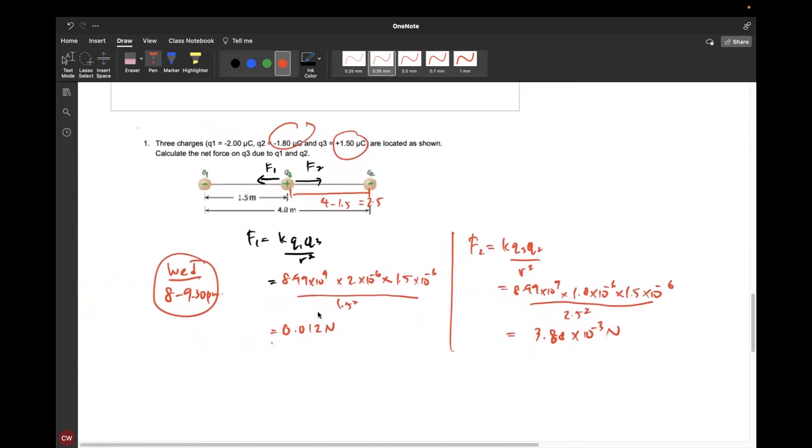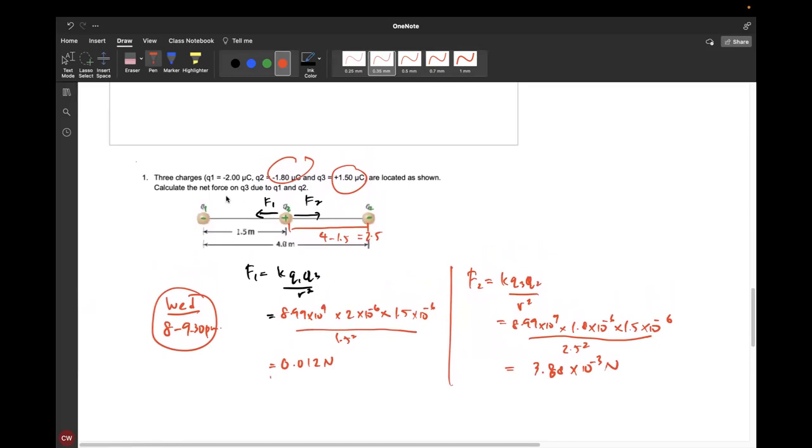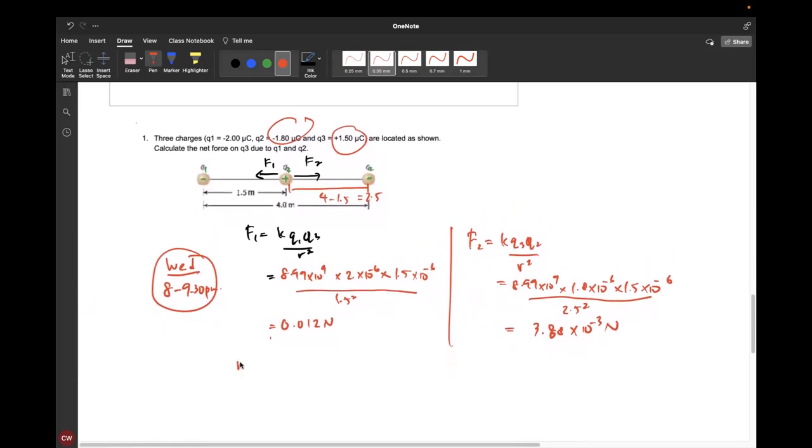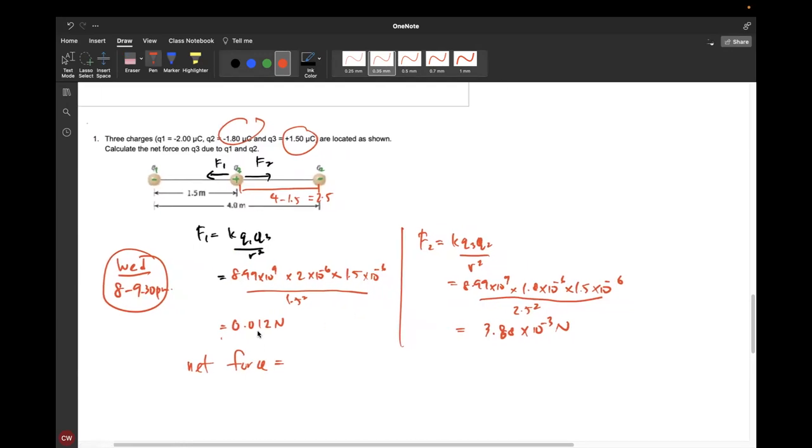Okay. So now you have to see: if they are in opposite directions, then the net force you have to subtract. Take the larger value minus the smaller value. So larger should be this one.